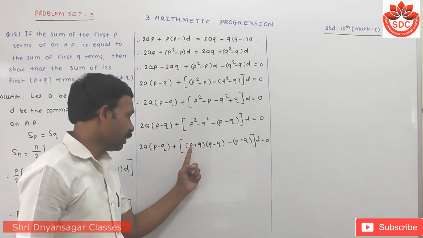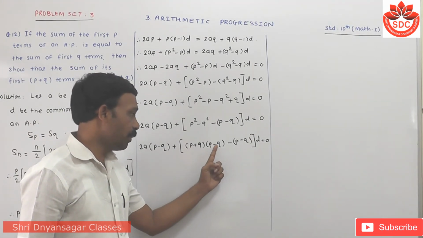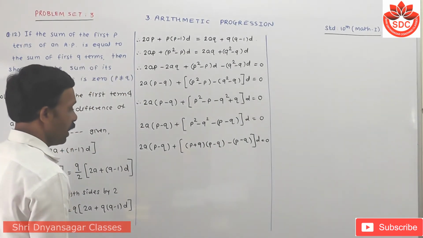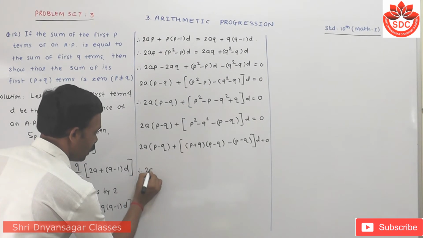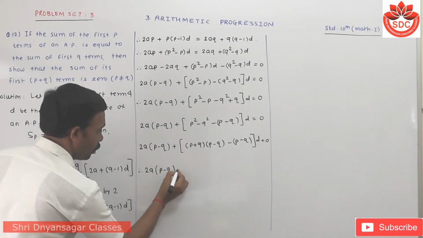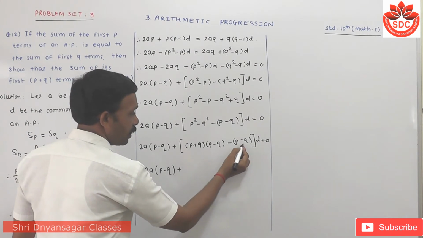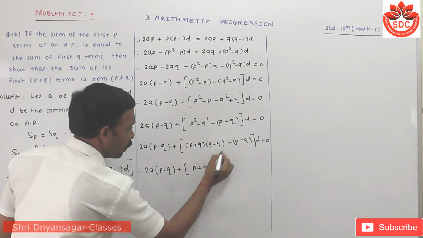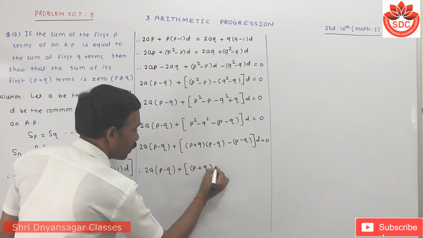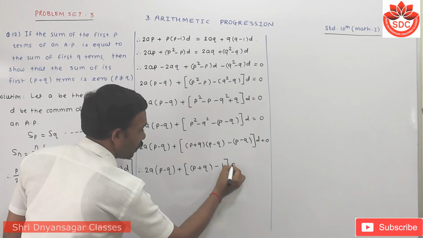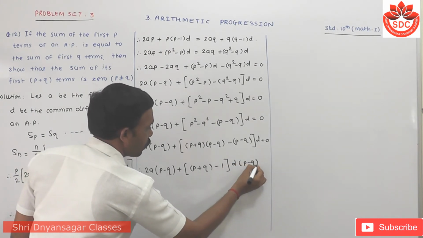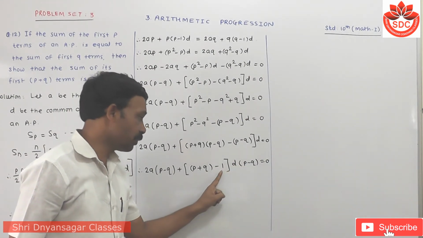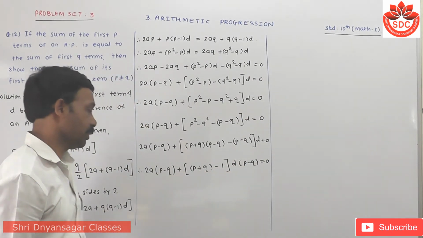Student, take p plus q, p minus q minus p minus q, so that p minus q is common. We get twice a in bracket p minus q plus p minus q, and this d is common, then in bracket remaining is p plus q minus 1 in bracket d into p minus q is equal to 0. Can you understand this? We take p minus q common here. Remaining is 1 and this p plus q as it is.